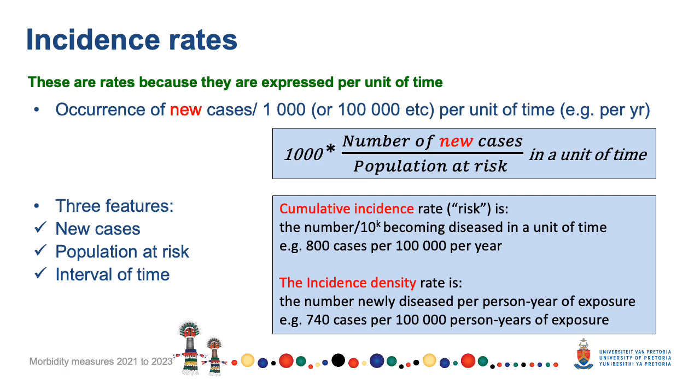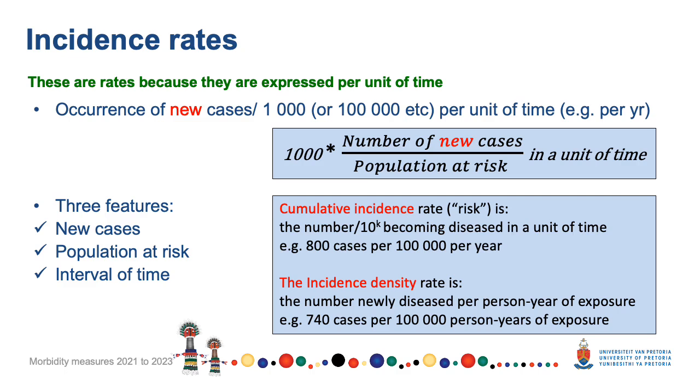What about the population at risk? What if we don't know what it is? Well, we often then use the mid-year population at risk. It's an estimate of the denominator size. There are two kinds of incidence rate. Cumulative incidence rate, usually used to calculate or estimate risks, where we use the numbers that are disease-free at the beginning of the study period, and then we follow them up to see if they become cases, and we count the number of cases.